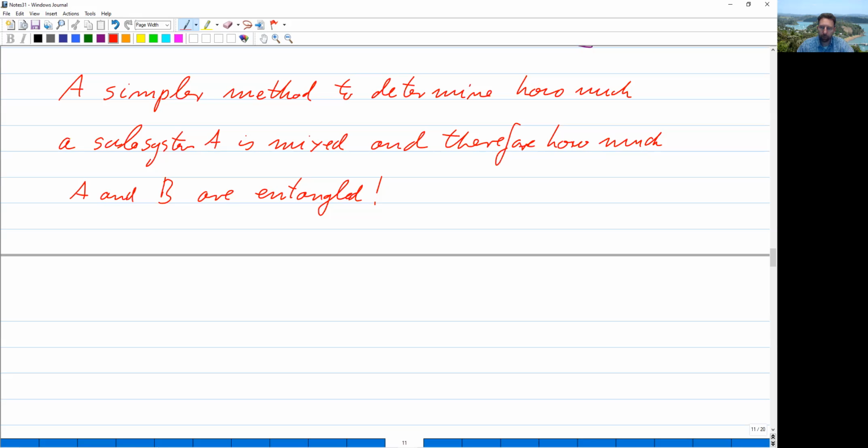Now, how does that work? Here's the definition.